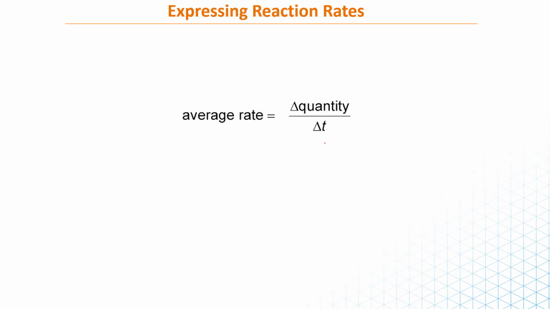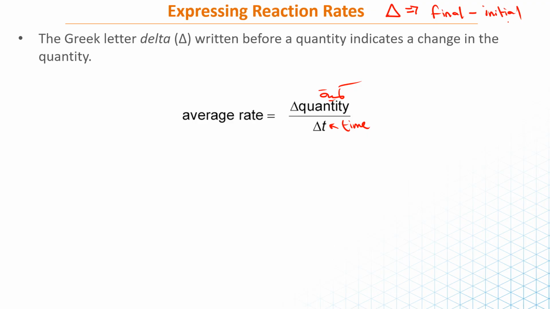And this is the equation with which we calculate the average rate. It's delta quantity over delta t. Quantity يعني الكمية، كمية المتفاعلات أو كمية النواتج. Delta t is time. So you know that delta is always final minus initial, right? So that's the meaning of the word delta.